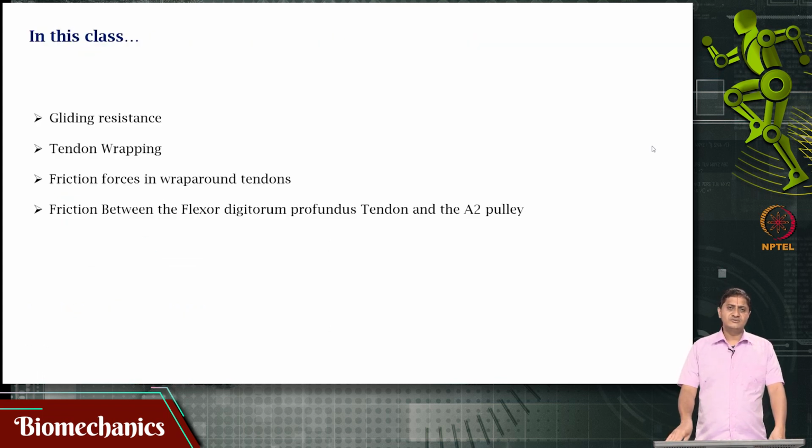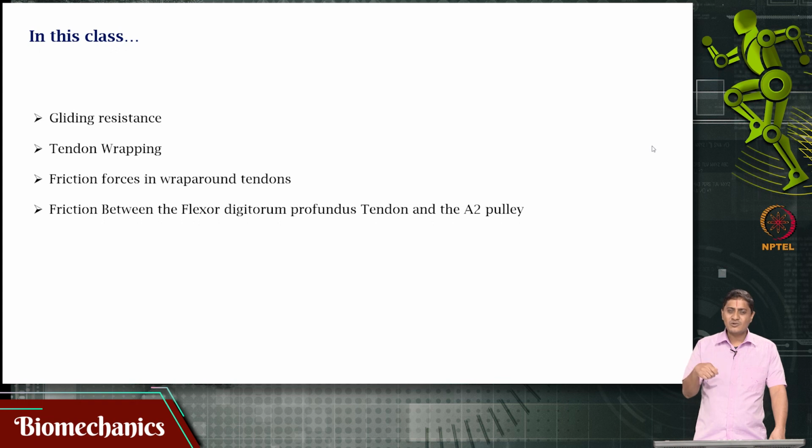So, in this video we will be looking at gliding resistance, we will be looking at tendon wrapping, we will be looking at friction forces in tendons that wrap around the bone, or forces in wraparound tendons.